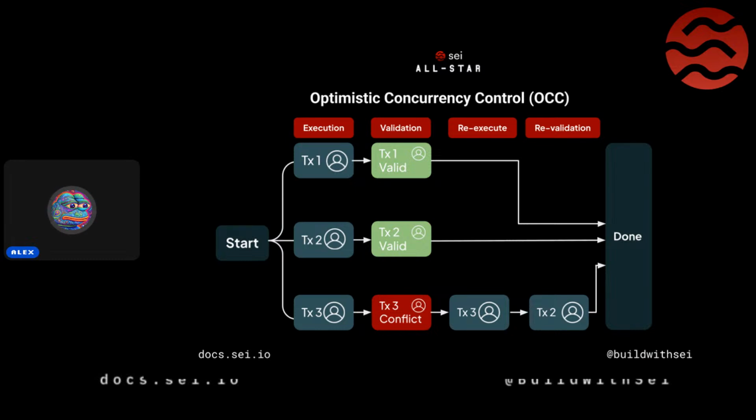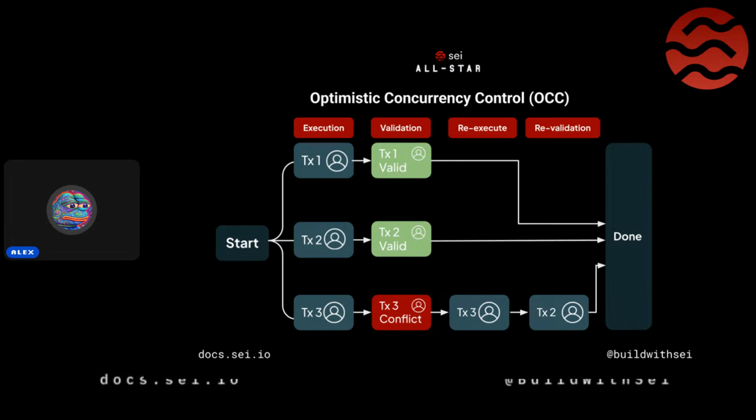It essentially means, as one of our first tricks to parallelize the EVM, to simply do an optimistic execution of our transactions and then check if they are actually valid, and if they are coming into conflict with other transactions in our block. In this concrete example, you have a few transactions: transaction 1, transaction 2, transaction 3.